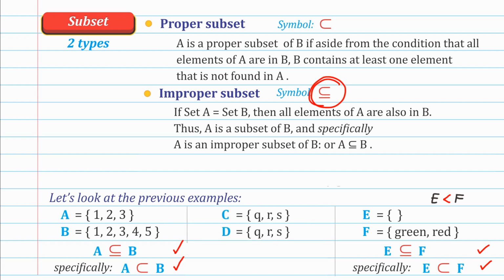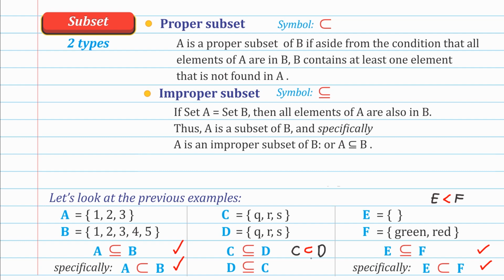Now, looking at our second pair here, we know they are equal. We also know that C is a subset of D, and D, since they are equal, is also a subset of C. Is C a proper subset of D? No, it's not.